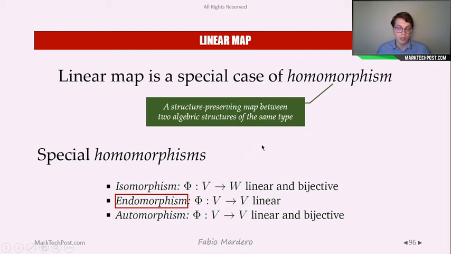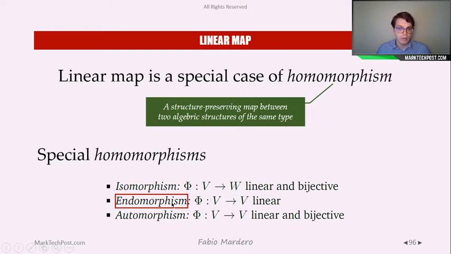homogeneity properties and conditions. There are special cases of homomorphism in the context of linear maps, and these are isomorphism, endomorphism, and automorphism.